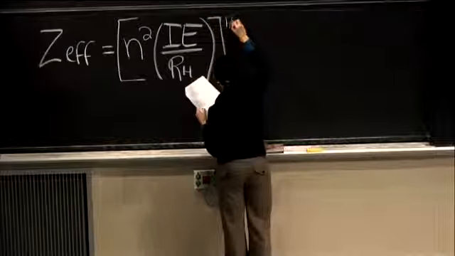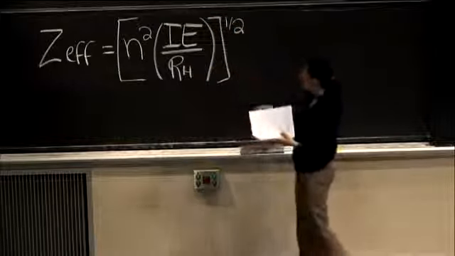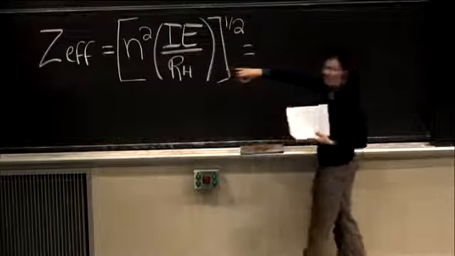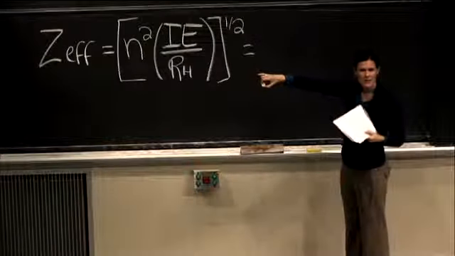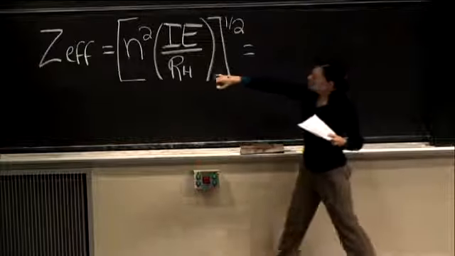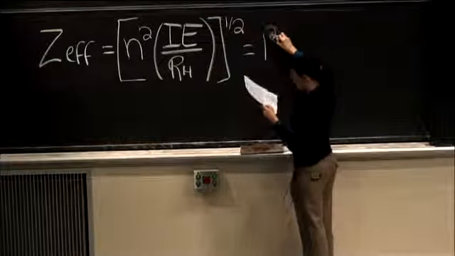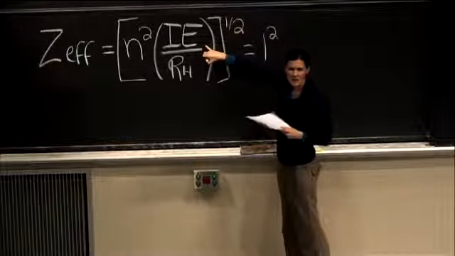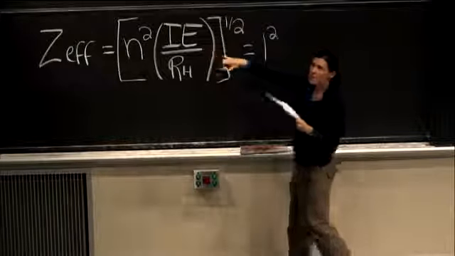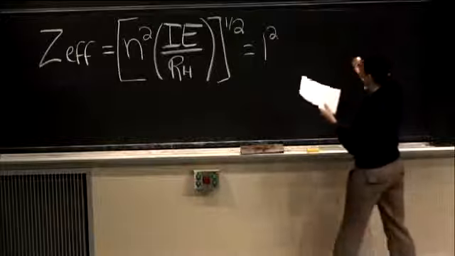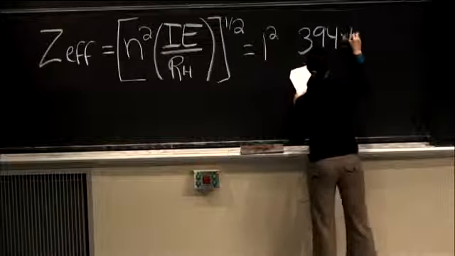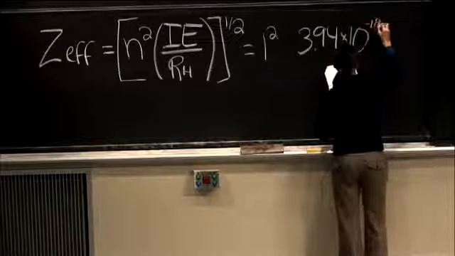and the square root of this. So the square root of n squared IE over R_H. What's our value for n here? 1, yep, that's right. And what's our value for ionization energy? Yep, it's just that ionization energy that we have experimentally measured, 3.94 times 10 to the negative 18 joules.